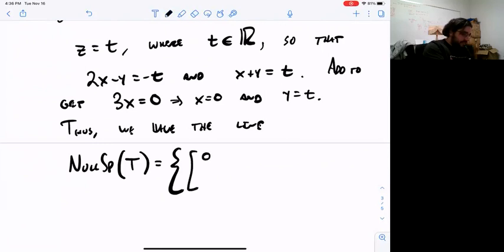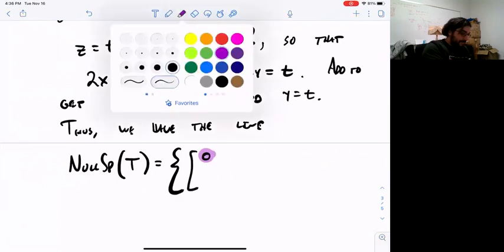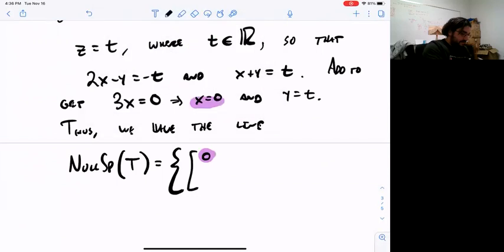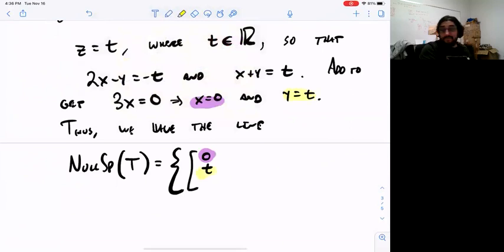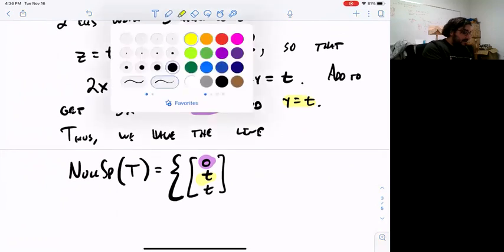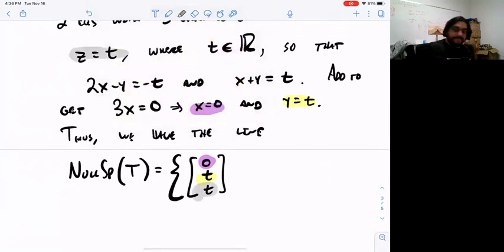Because there's my x, it's t, because there I have my y, and t, because that was z. That was what we defined as z. So there's our x, y, and z in this null space, where t is a real number.